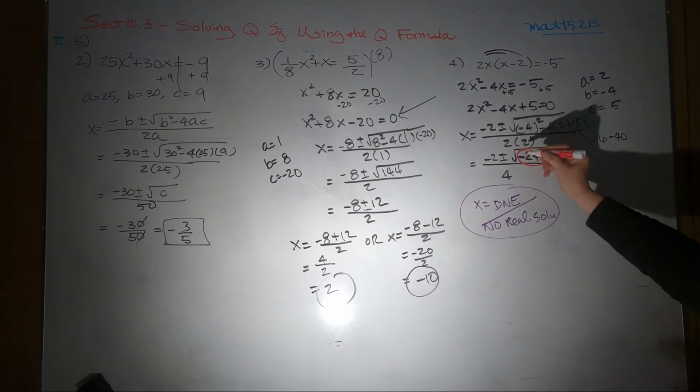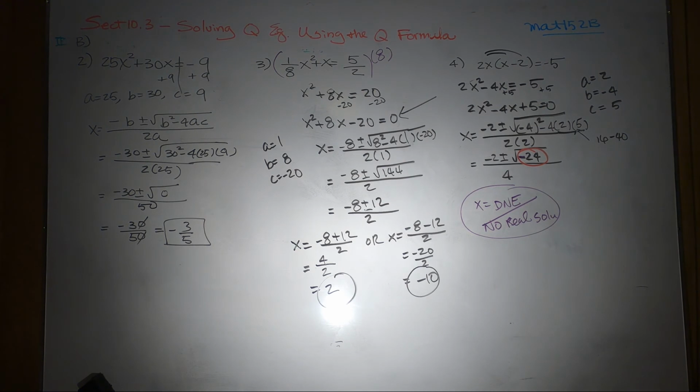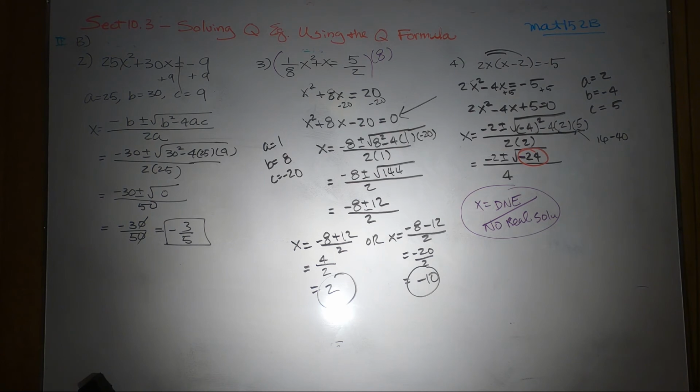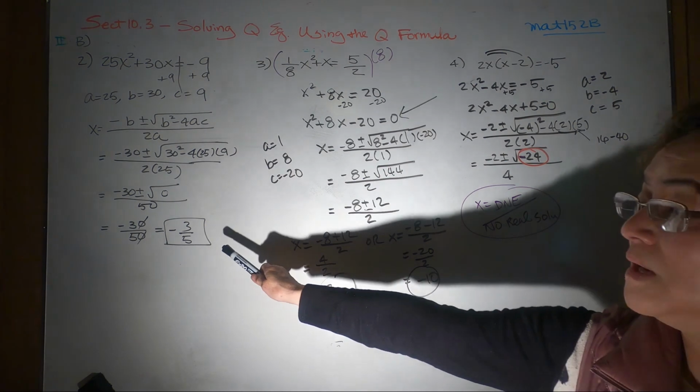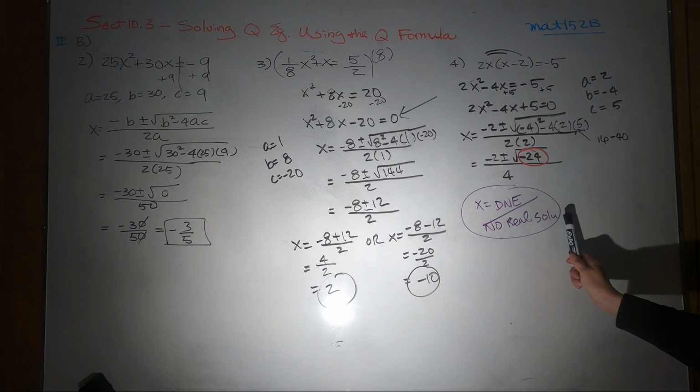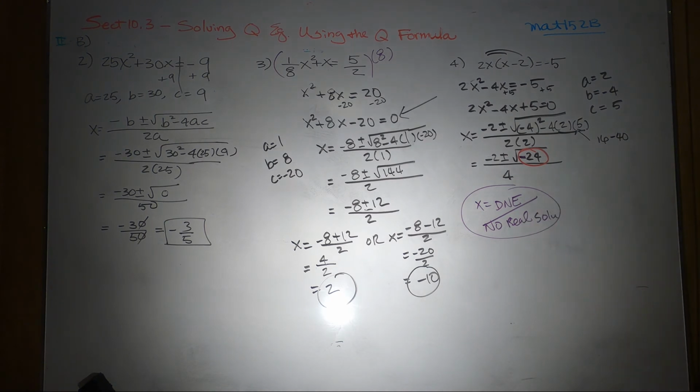So it's a negative number, and it ends up with no solution, right? No real solution. So for any quadratic equation, you might have one solution, two solutions, or no real solutions. Why does it make such a difference? So we are going to summarize that.